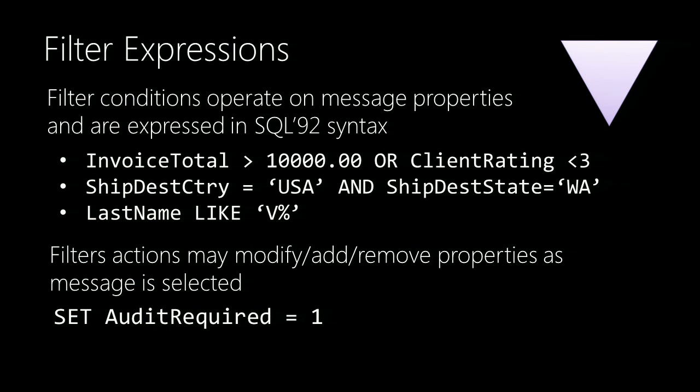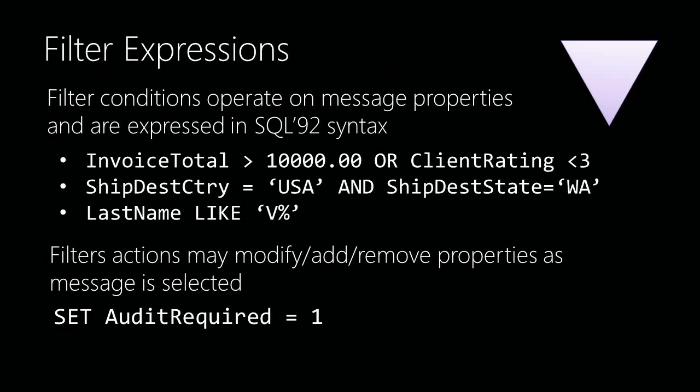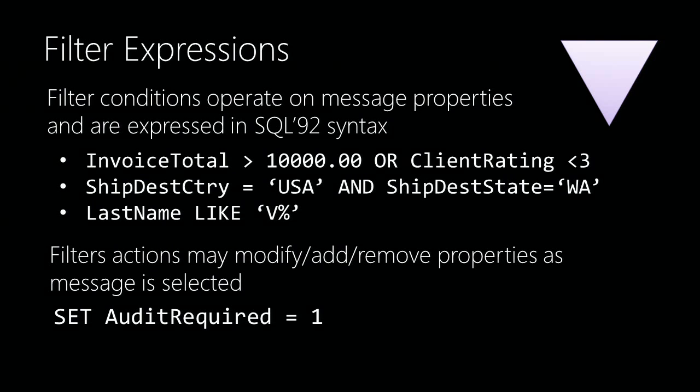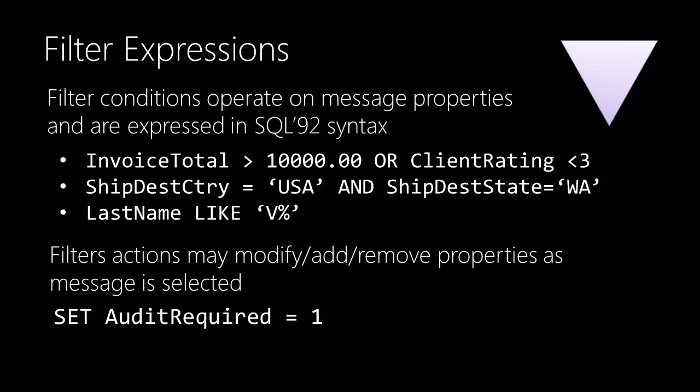So that you have a picture, the way we express those filters is done in SQL 92 syntax. The reason why it's SQL 92 syntax is A, that's familiar, and B, we're in a standardization process with a bunch of other vendors where the standardized filtering language is SQL 92, and therefore we picked this.